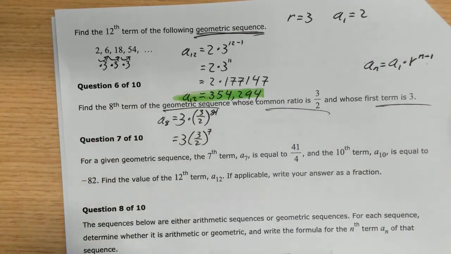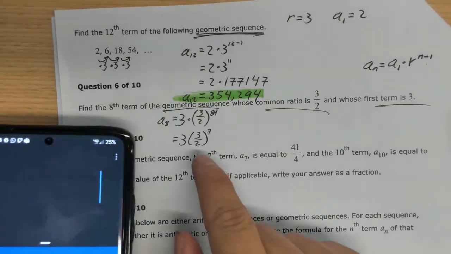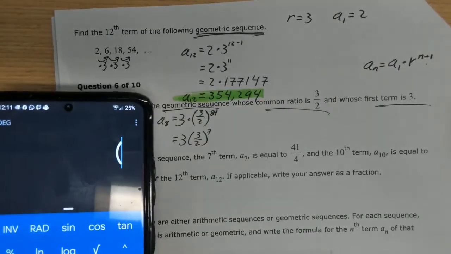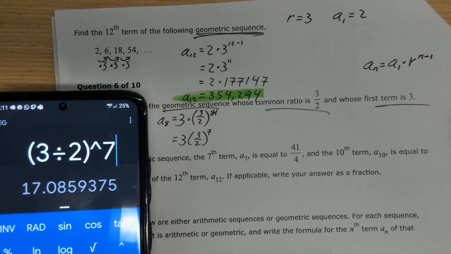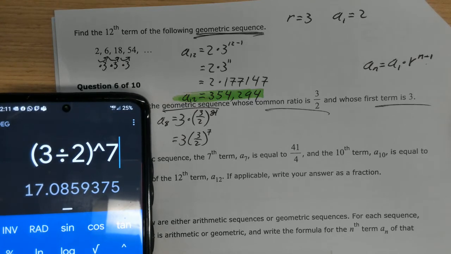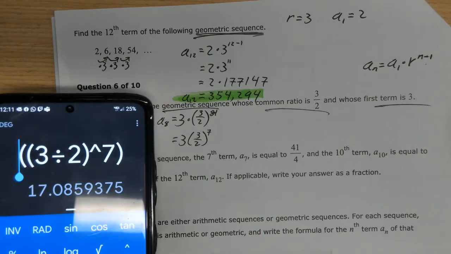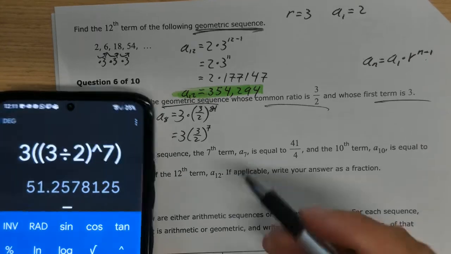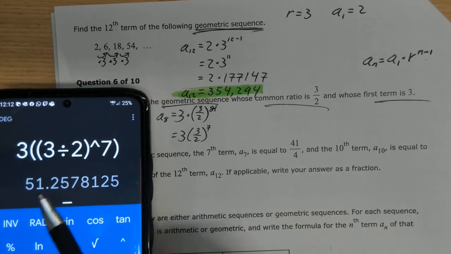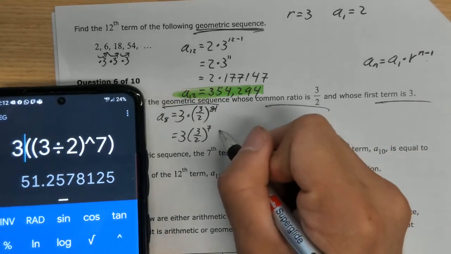Again, first do the thing that's in the parentheses, so do the 3 halves to the 7th power first. I got that in decimal form. And then whatever you get, you can multiply by the 3.